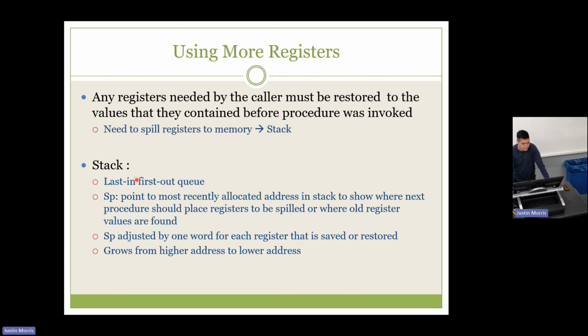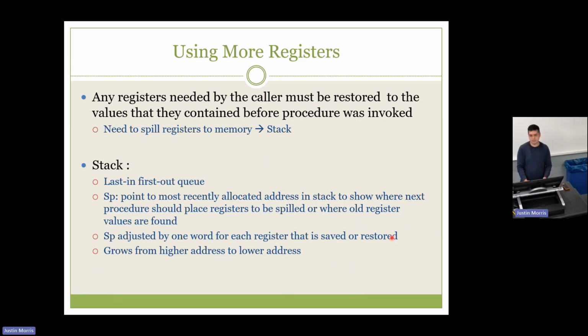So it is last in, first out, and the stack pointer points to the most recently allocated address in the stack to show where the next procedure should place the registers to be spilled, or where old register values are found. And the stack pointer is adjusted by one word for each register that is saved or restored.